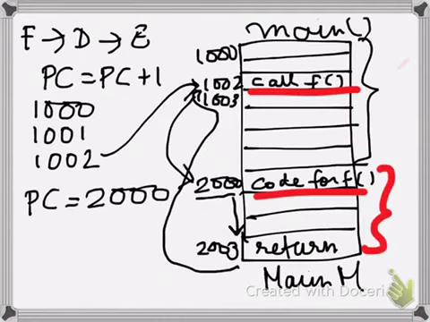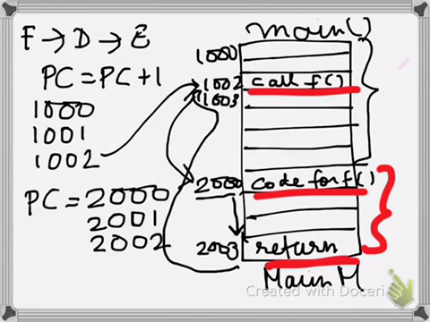Now coming back to the return statement, it has to again modify the value of the program counter. Here the program counter values became 1000, 1001, 1002, then 2000, 2001, 2002, 2003. Now before instruction 2003 can become 2004, which is something else, instead of incrementing to 2004, I have to put back 1003, because that is the next instruction to be executed.